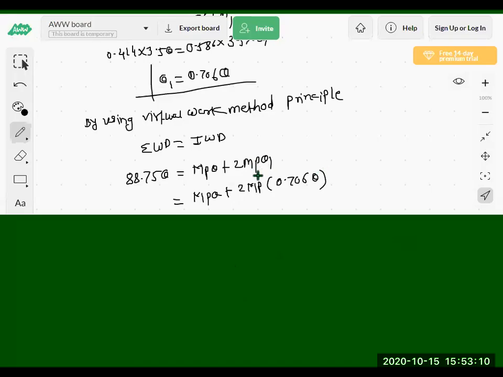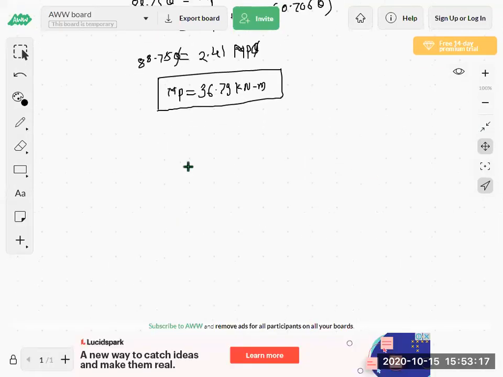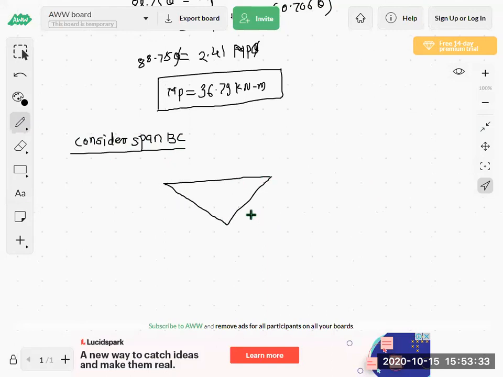So for span AB, we have calculated the collapse moment, that is the plastic moment. Okay, now we have to consider span BC. Now write down, consider span BC. So for the BC span, calculate the mechanism.